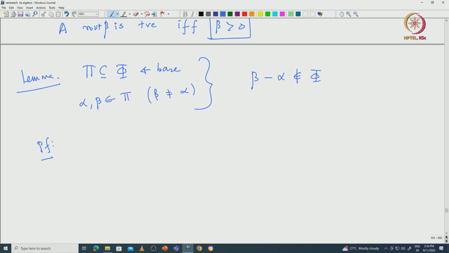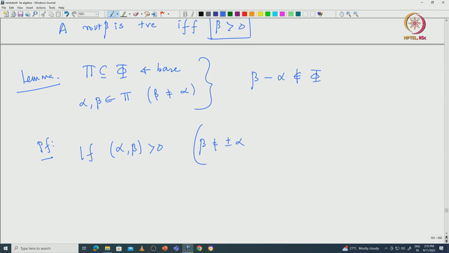For this purpose we need to understand what happens if we take the inner product of alpha and beta. Okay. Let's assume that the inner product of alpha and beta is actually positive. Since alpha is not equal to beta and pi is a basis, that implies beta is not equal to plus or minus alpha.